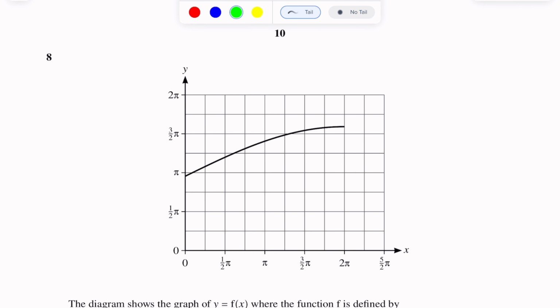Y is equal to x is this line. This line is y is equal to x.